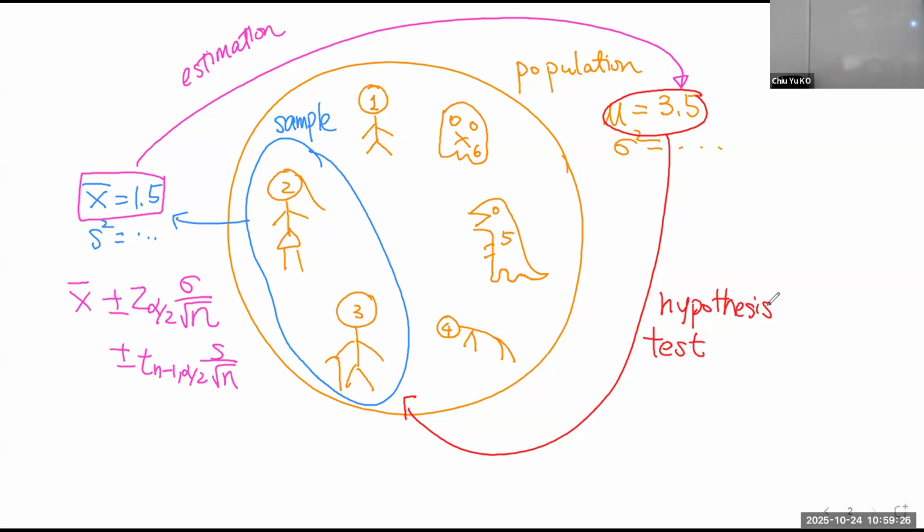So the evidence is the sample. You want to see whether the evidence from the data is going to support the hypothesis or the claim you made on the population parameter. You want to say mu is this, or mu is not this.